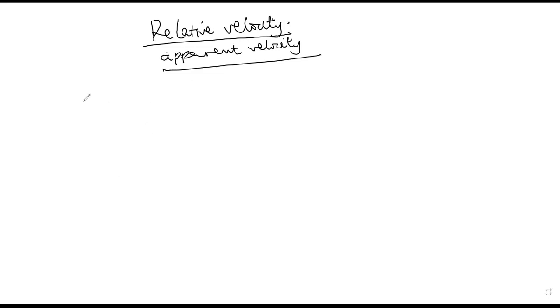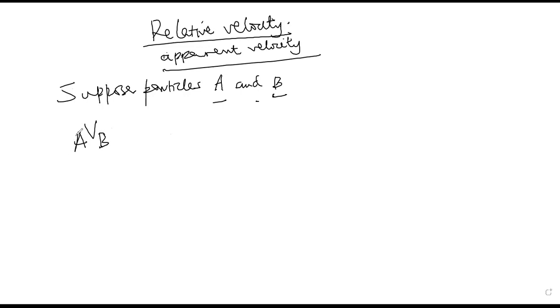I want you to suppose particles A and B. If we suppose that they're in motion, A will appear to be moving with some velocity, which is not the true velocity of A. And that velocity is denoted as AVB, the velocity of A relative to B. In some books, you find VAB.